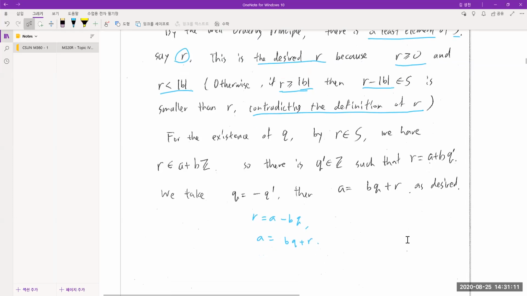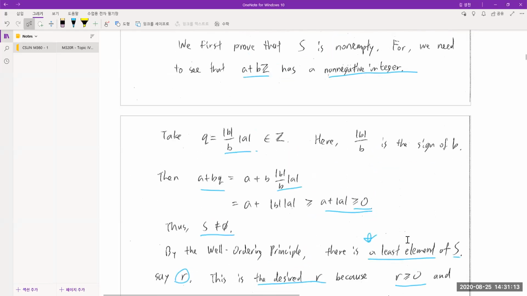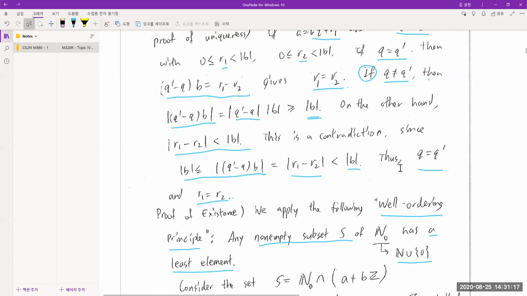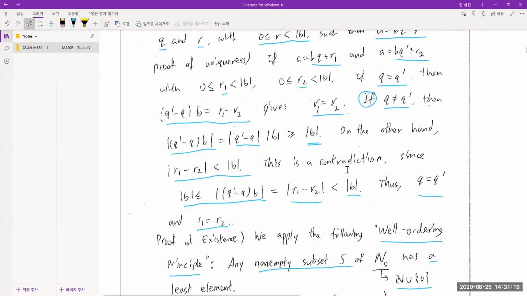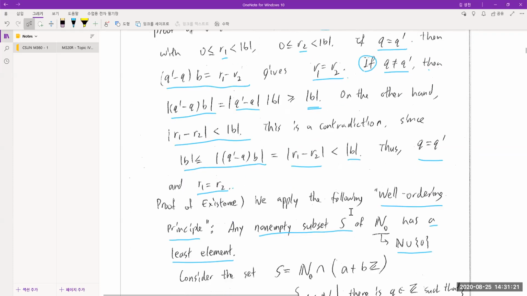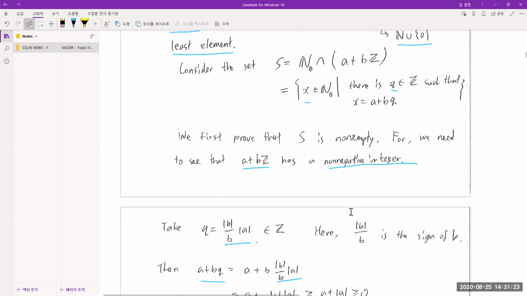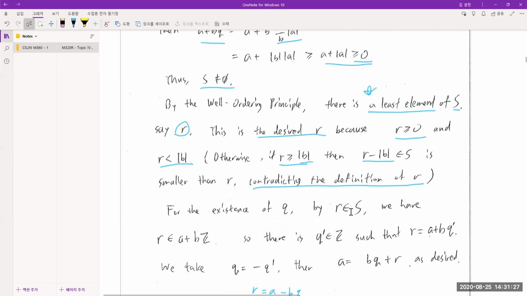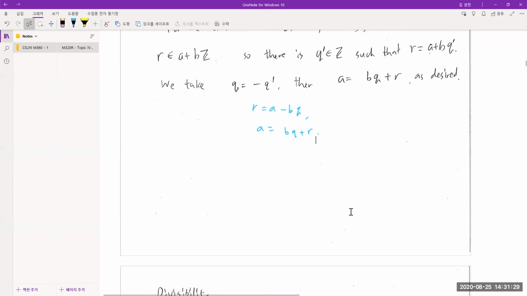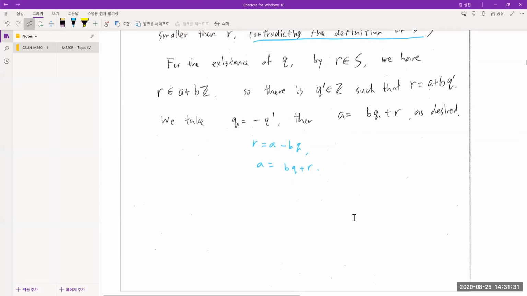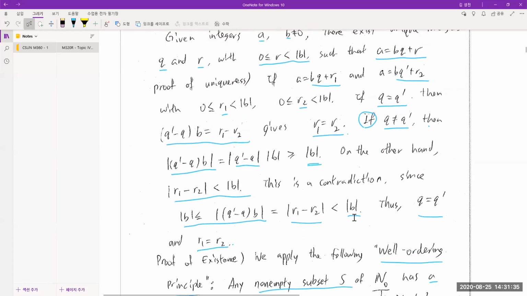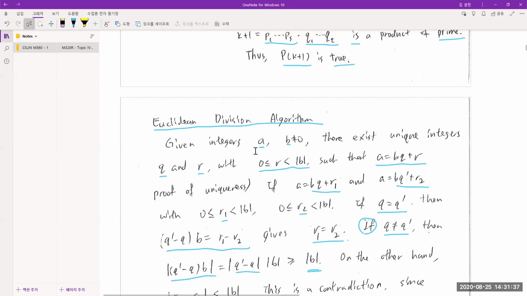The representation of Q and R must be unique because of this argument here. Right? So that's the Euclidean division algorithm. So we proved the existence and uniqueness of the Euclidean division algorithm.